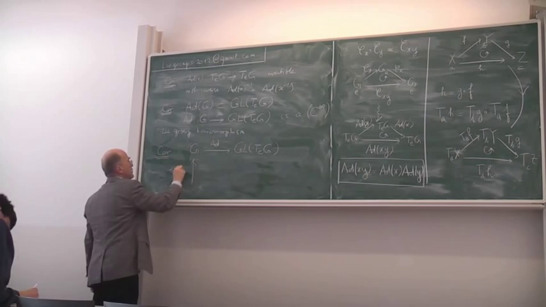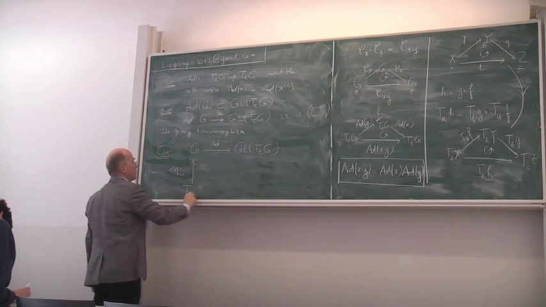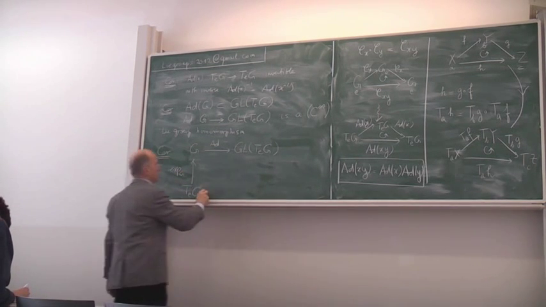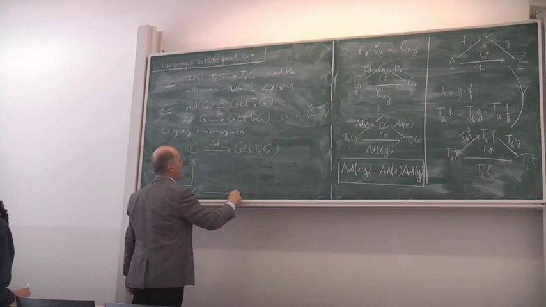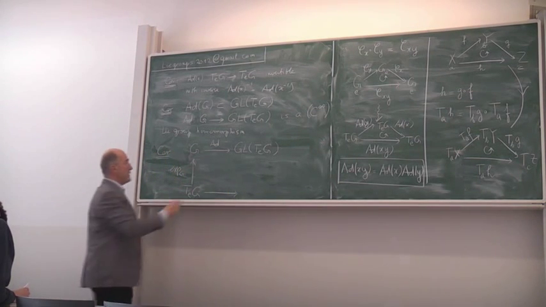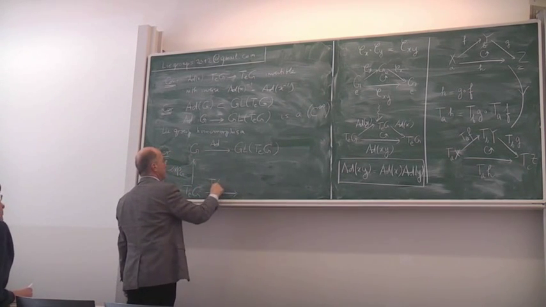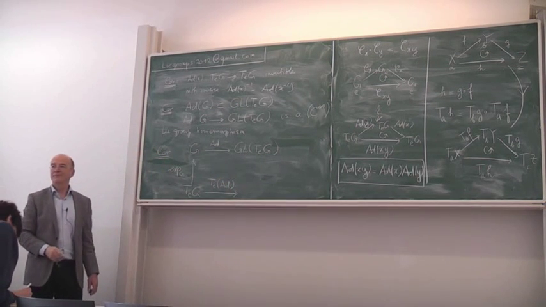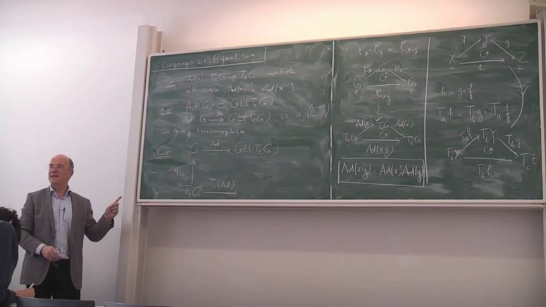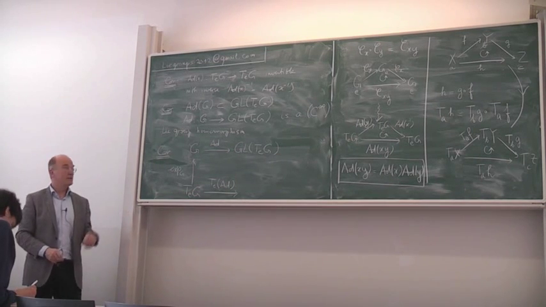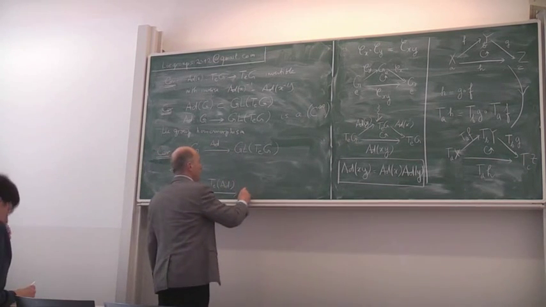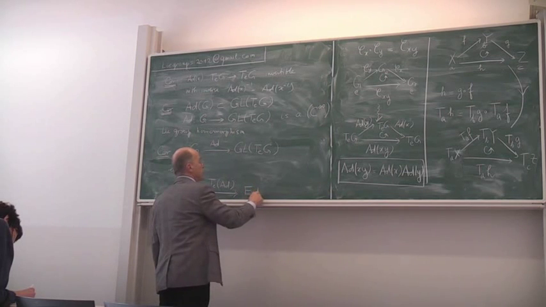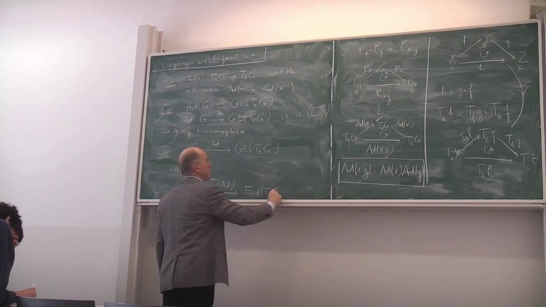We have the exponential map of G going from the tangent space at the identity element. We have the derivative of this map. So now we are differentiating with respect to the second variable to the endomorphisms of this.